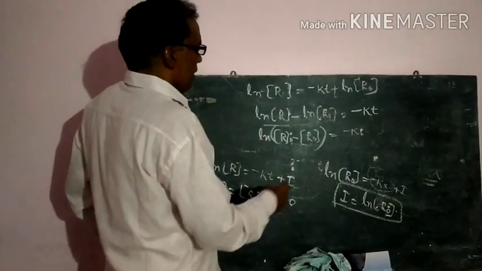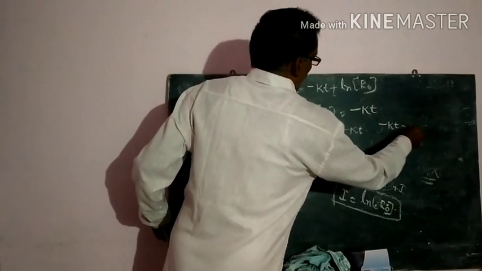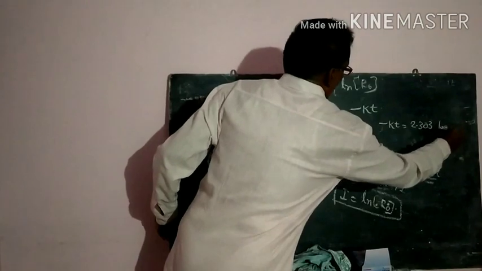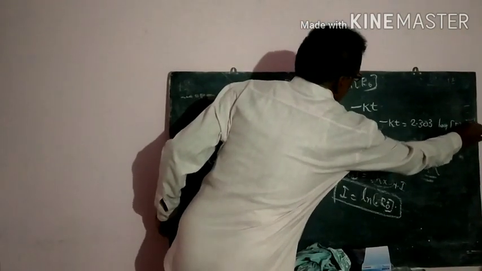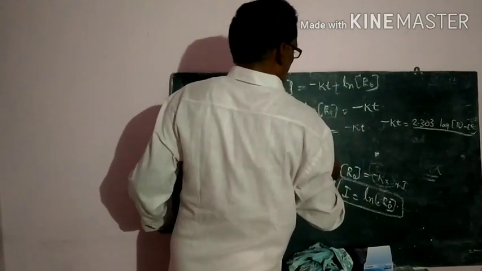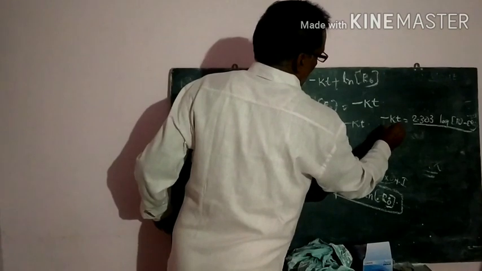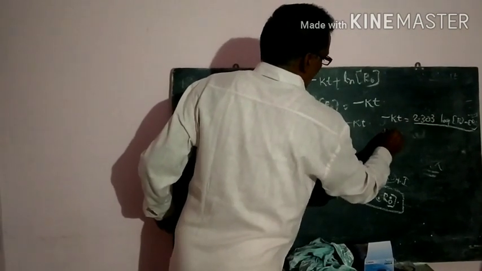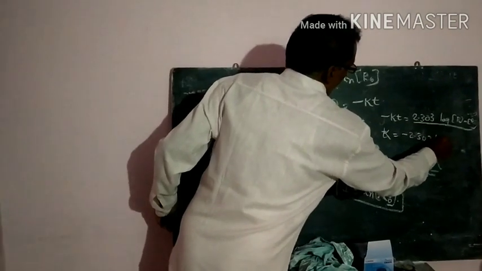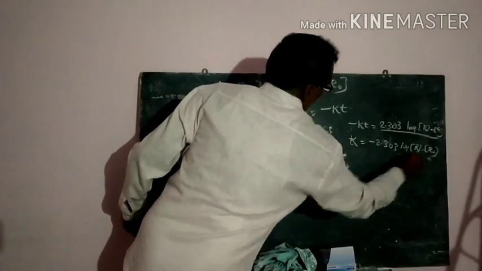Therefore, minus kt is equal to 2.303 into logarithmic value of R by R0. So k is equal to, bring it to this side, k is equal to minus 2.303 log R by R0 by t.